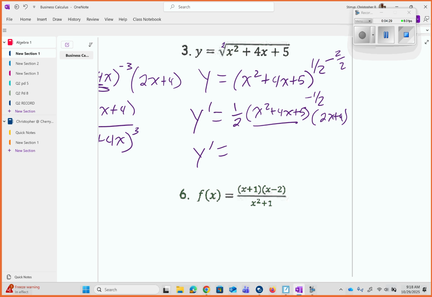So this needs to move down. This 2 is also going to be on the bottom with it because it's already a denominator. And then on top, you're just going to get 2x plus 4.